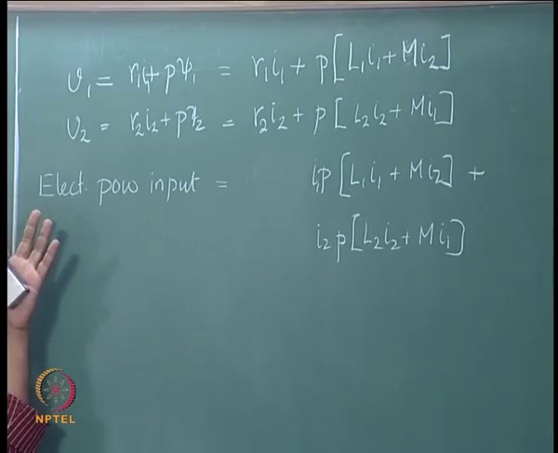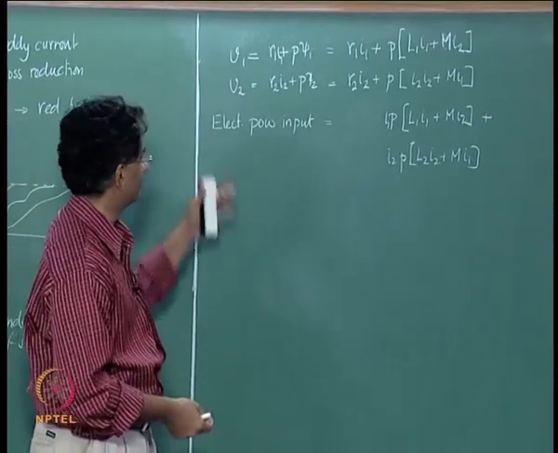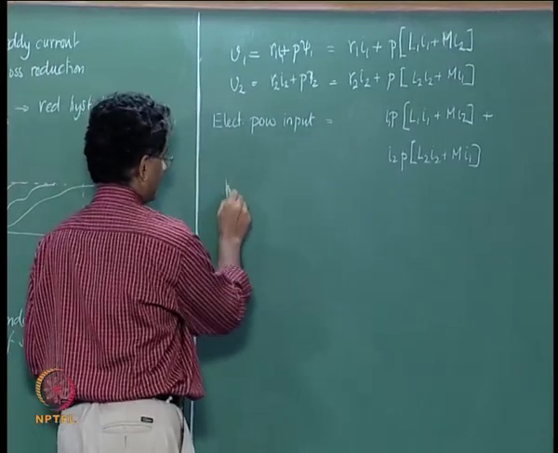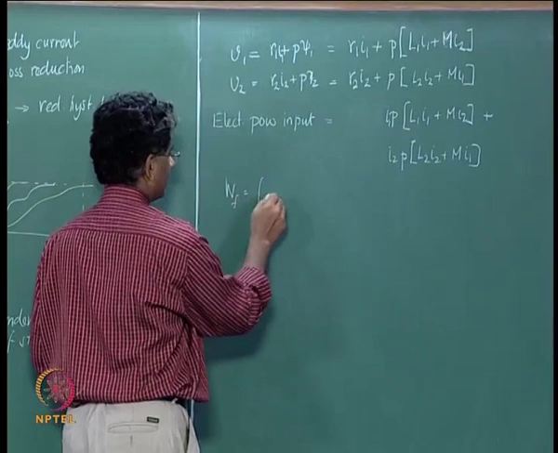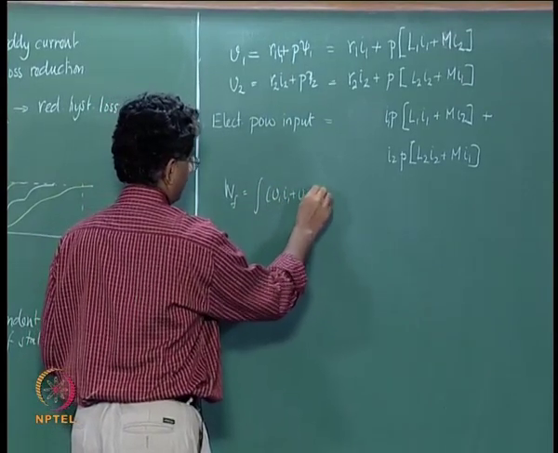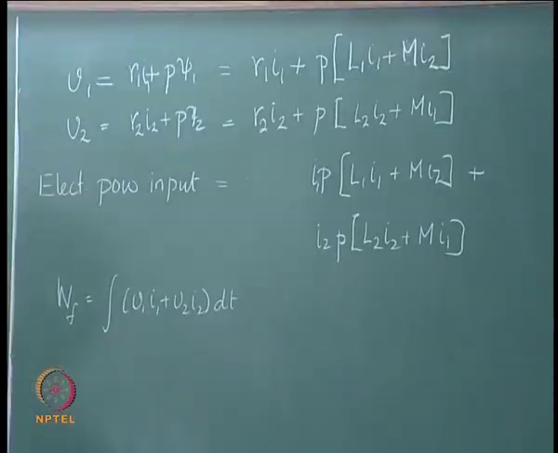Since there is no mechanical motion, mechanical output is 0. So, all the energy is stored as field energy, and that is therefore the integral of V1 I1 plus V2 I2 dt. So, how to do this integration?